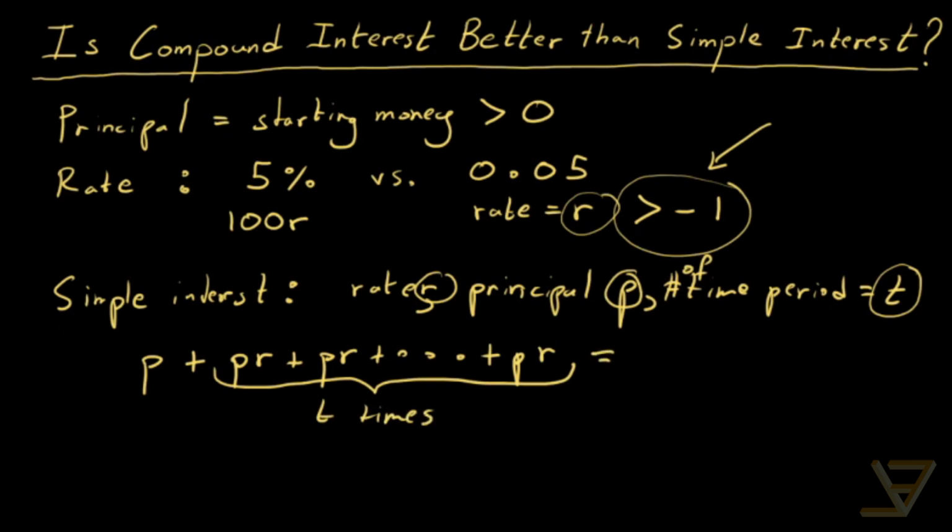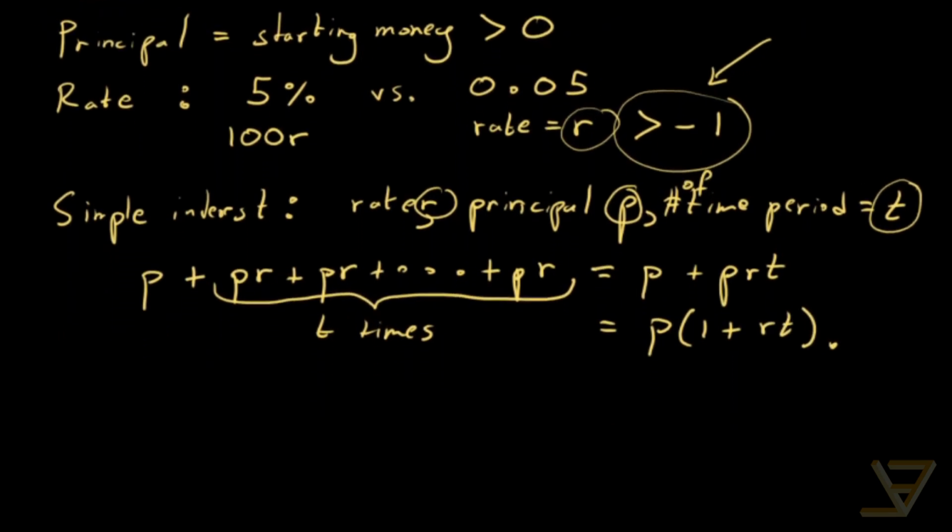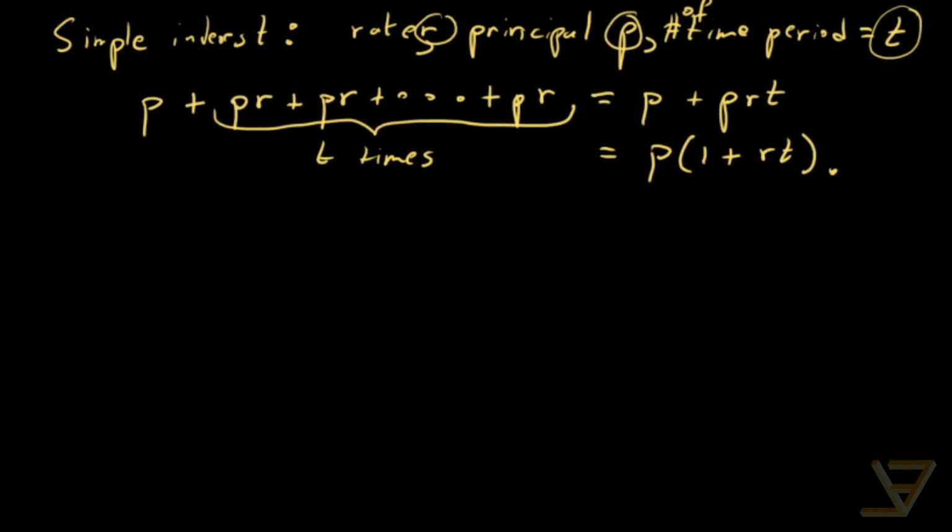And what that gives you is P plus PRT, and that gives you the formula for simple interest, which is P times 1 plus RT. So that's the formula for simple interest for these variables.